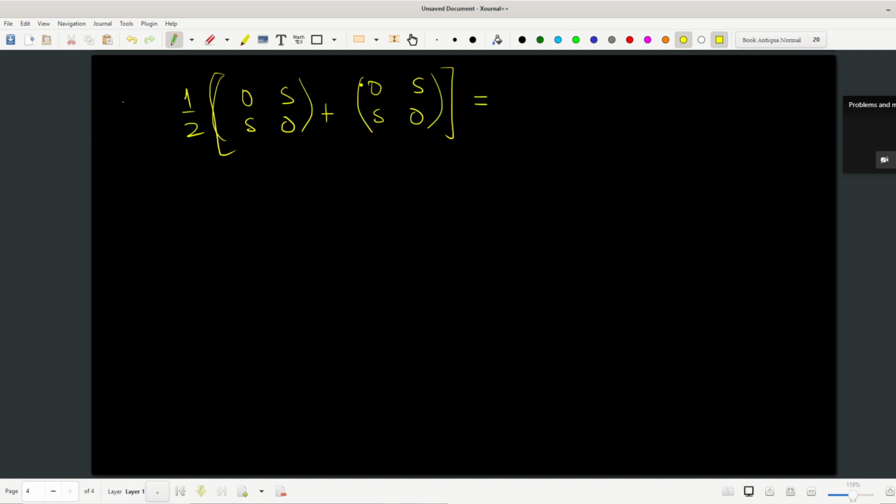Sij is going to be simply half of 0 S S 0, plus the transpose of it, which is going to be the same thing, right? So this is Sij, this is tensor S. So this becomes 0 S S 0. Okay, as simple as that. What about R? R is this minus this, and it will be 0.